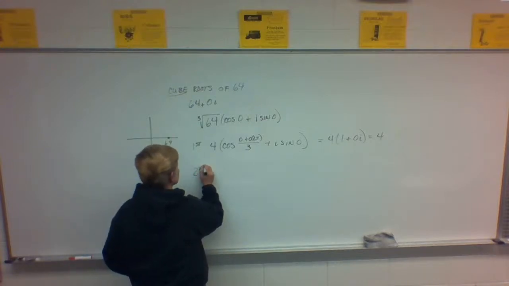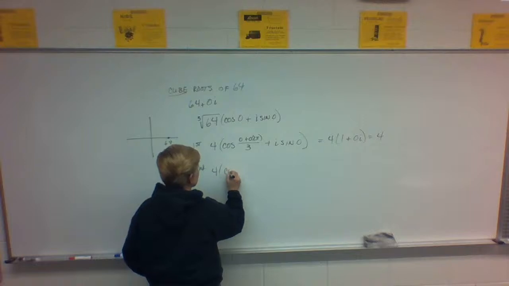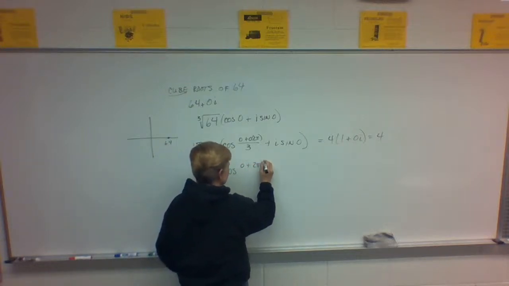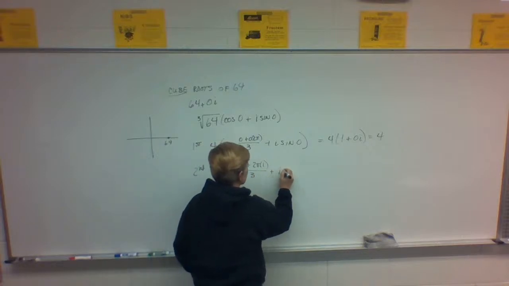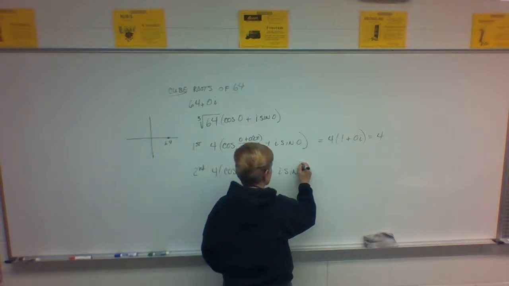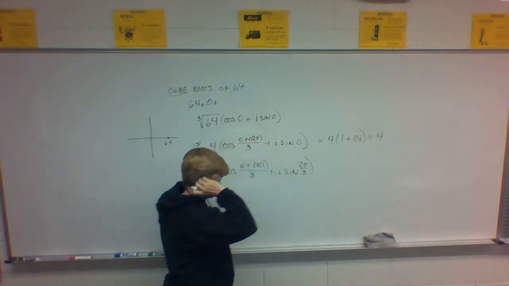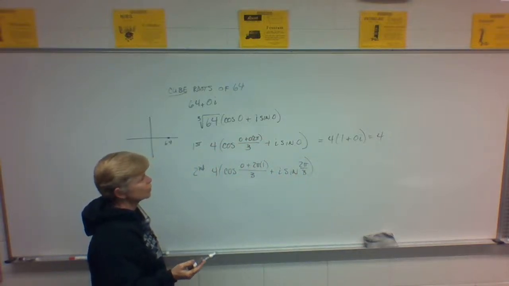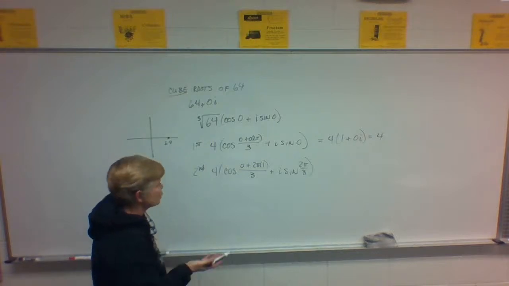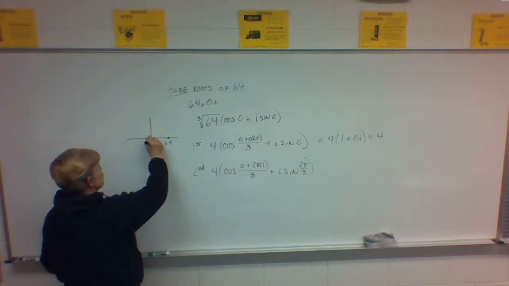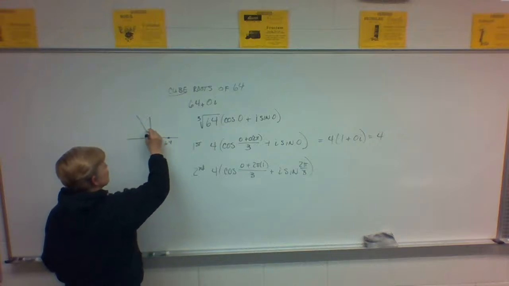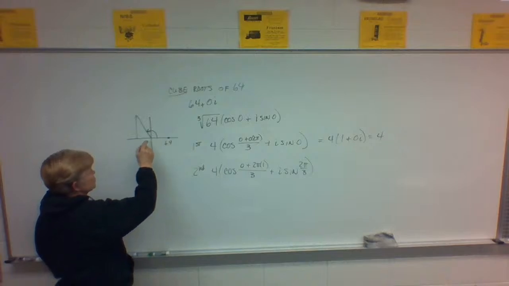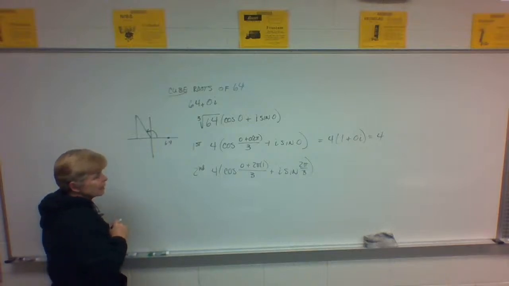The second one is going to be 4 times the cosine of 0 plus 1 times 2 pi over 3, which is 2 pi thirds. You agree with that? Now, where's 2 pi thirds? If you're going to do things in radical form, I'm not sure you want to, but I do, because 2 pi thirds is familiar. 2 pi thirds is right here, and the cosine of 2 pi thirds is negative 1/2.